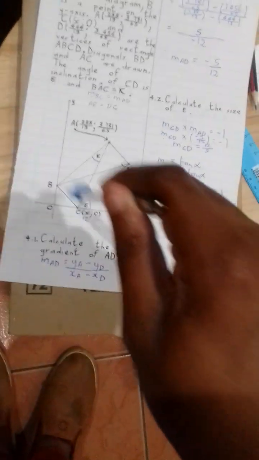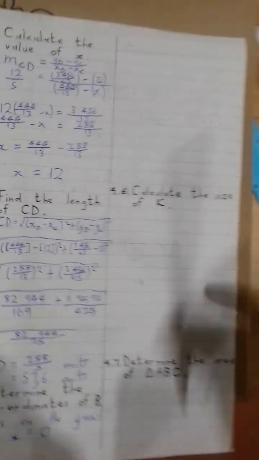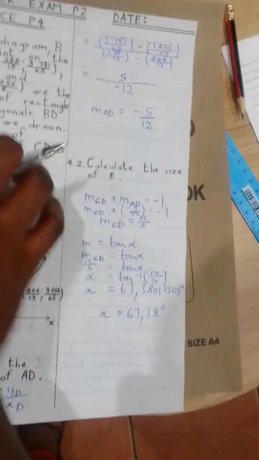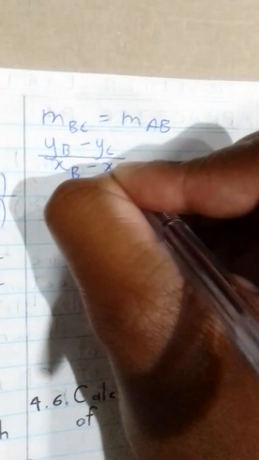Gradient of BC is equal to the gradient of AD. We have the gradient of AD, which is negative 5 over 12. So the gradient of BC is yb minus yc over xb minus xc, equals negative 5 over 12.